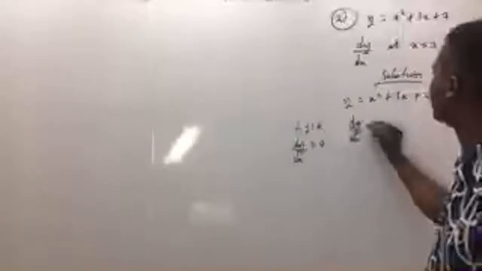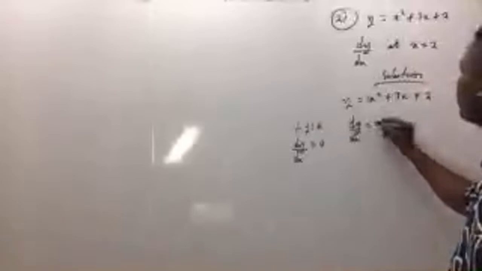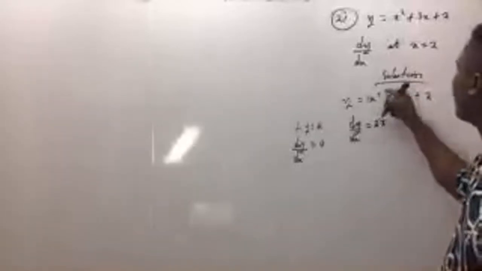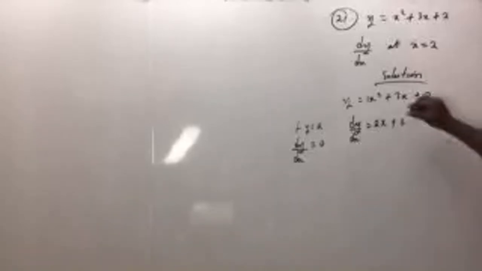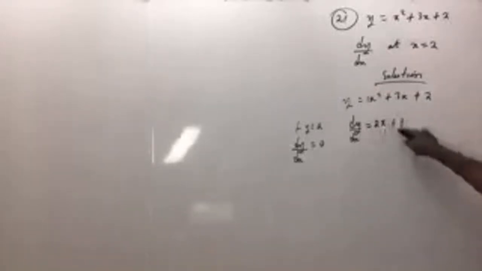For this function, the coefficient is 1. 2 multiplies 1, you end up having 2. Then subtract 1 from the power, 2 minus 1 gives 1, so this is 2x to the power 1. Then differentiating the linear term gives us 3. Differentiating 2, since it is a constant, gives 0. So dy/dx equals 2x plus 3.